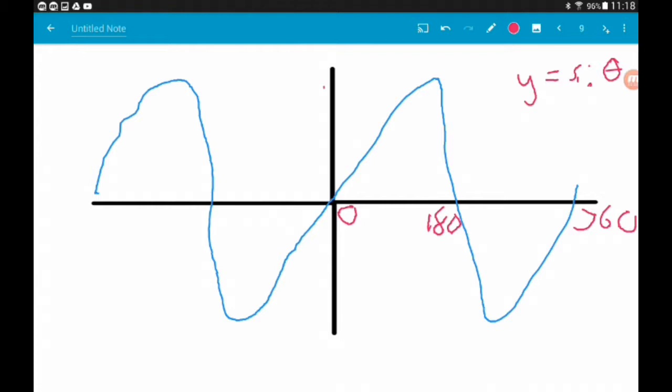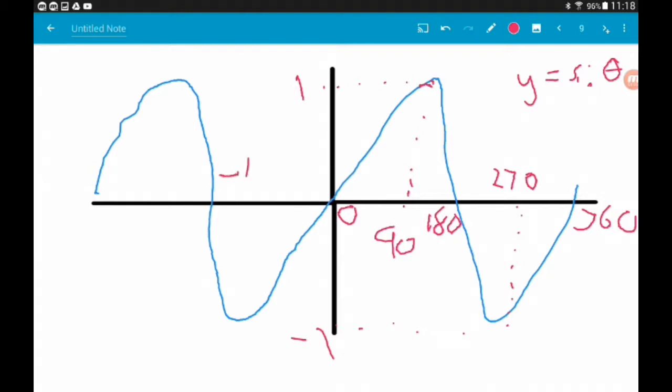The peaks of the wave are at 1, and the troughs of the wave are at -1. Now the x-coordinate of this peak is 90 degrees, and the x-coordinate of this trough is 270 degrees.